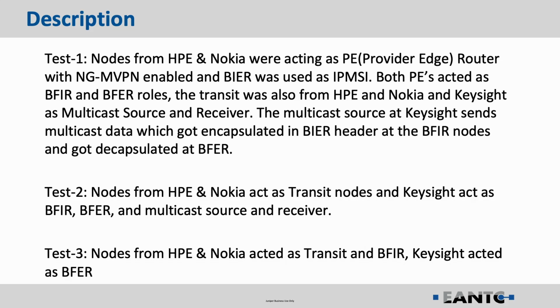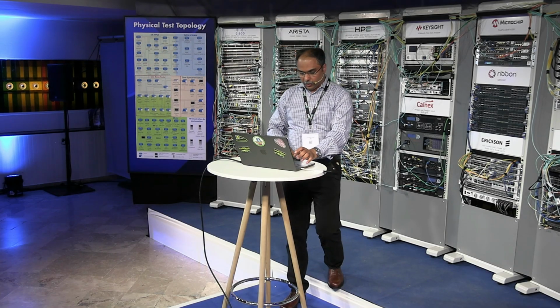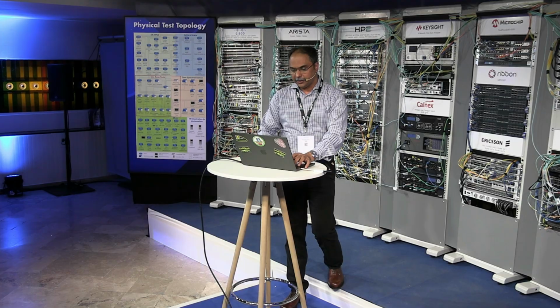The BIER packet, basically the multicast packet encapsulated with the BIER header, is sent from the Keysight, and the BIER packet will be hitting both Nokia and HP nodes. And the third test case is where the HP and Nokia nodes act as the BFIR node, basically performing the encapsulation part, and the decapsulation part is taken care of by the Keysight. So let me move to the demo part.